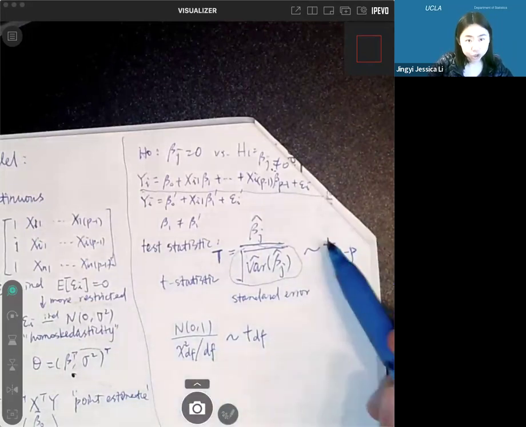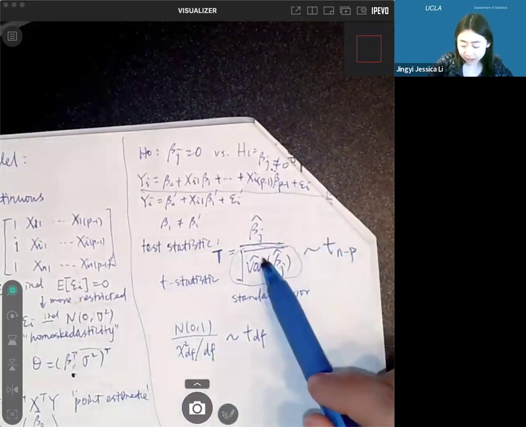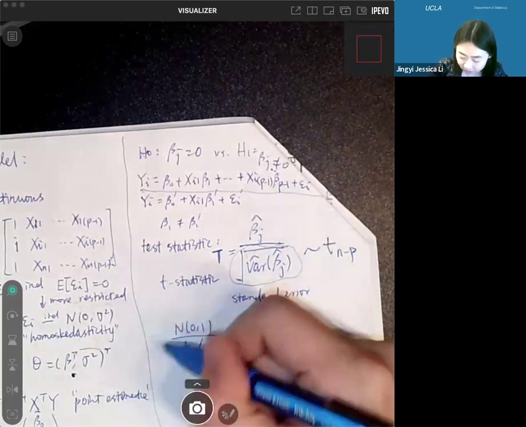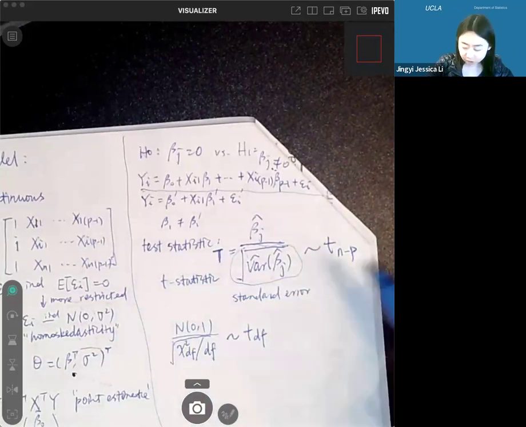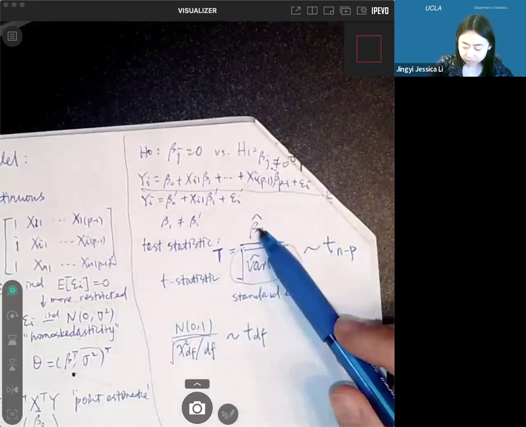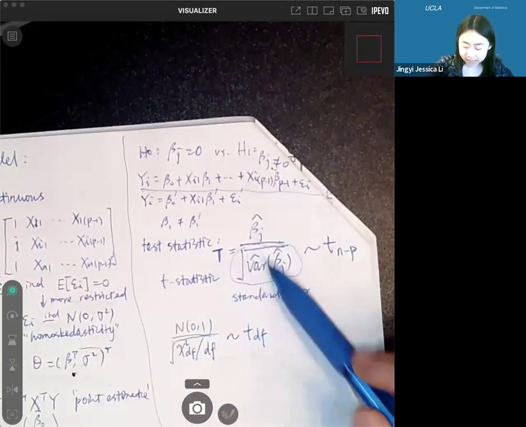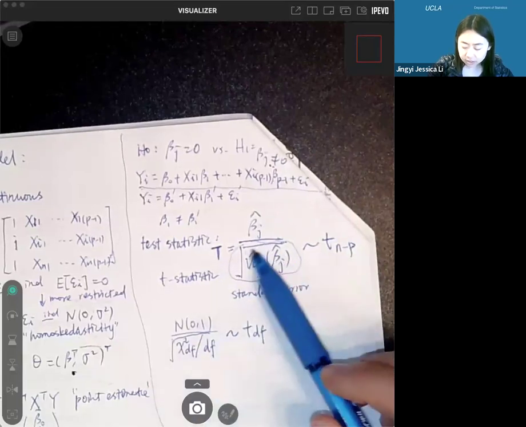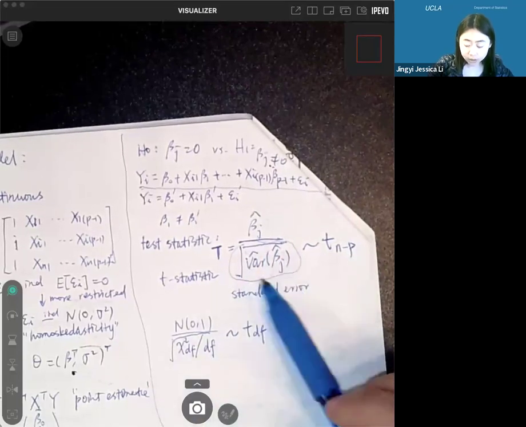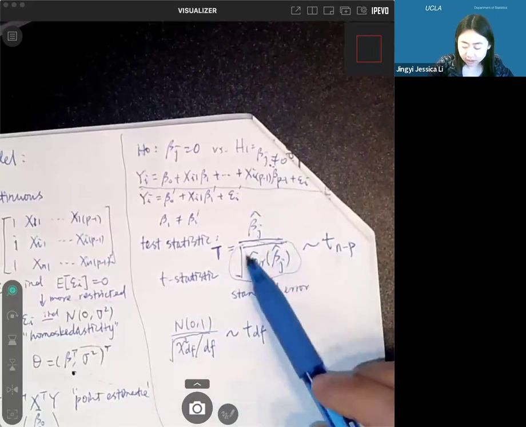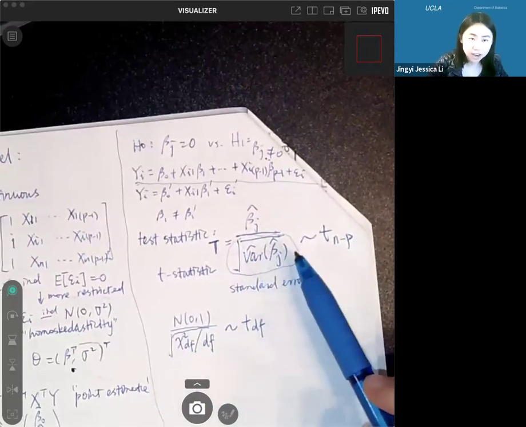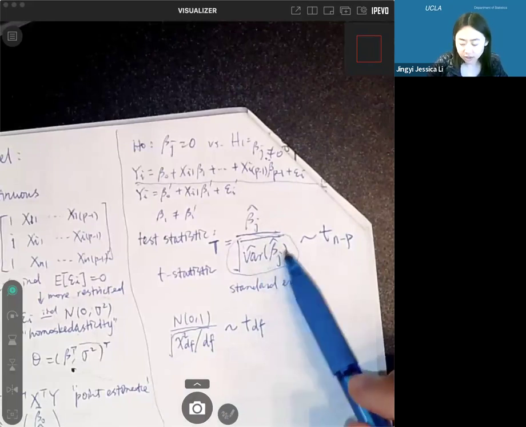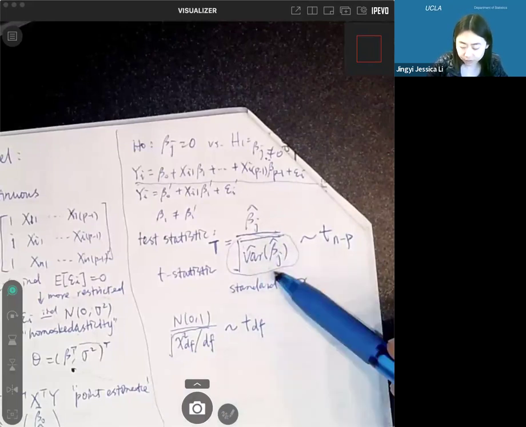And we can show that, sorry, I should say square root, I forgot a square root. So we can show that this T statistic satisfies this. Inside the square root, we can show that this variance term, subject to some constant division, is a chi-square divided by degrees of freedom.